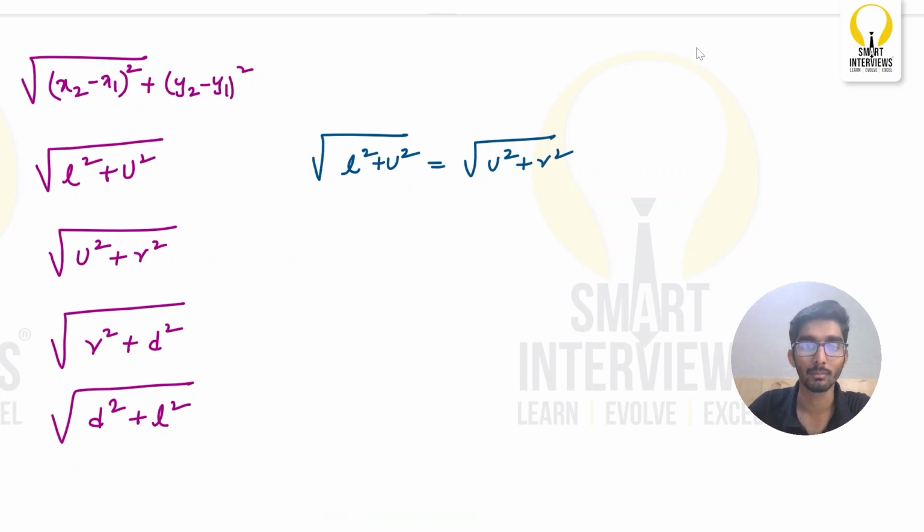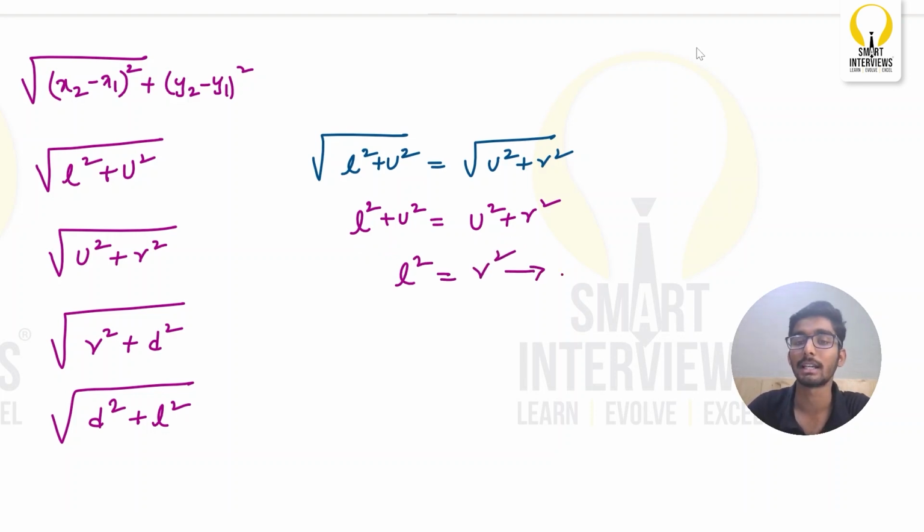If we square both sides, l square plus u square must be equal to u square plus r square. This is nothing but l square must be equal to r square, so l must be equal to r, because it is given that all 4 are positive integers.